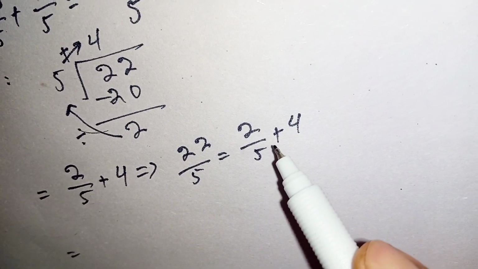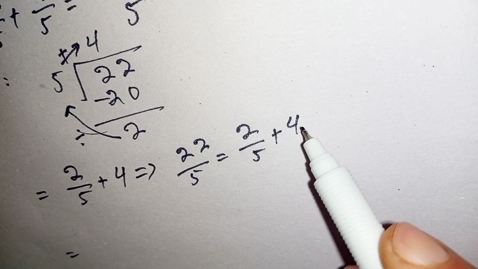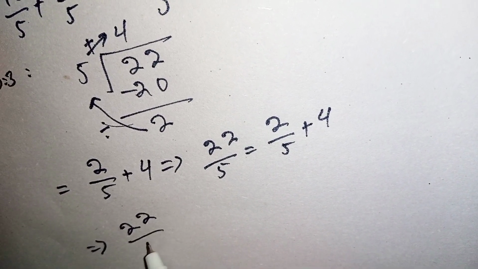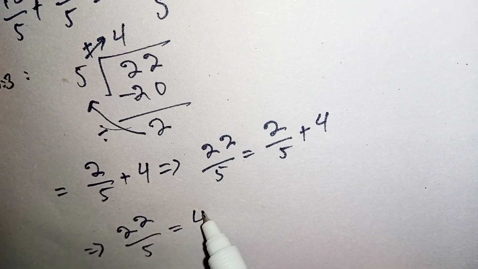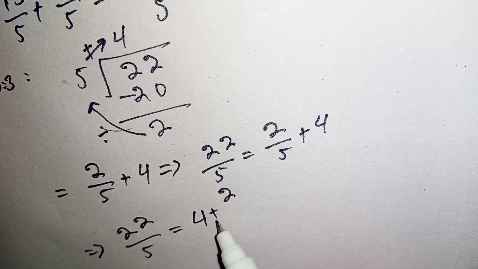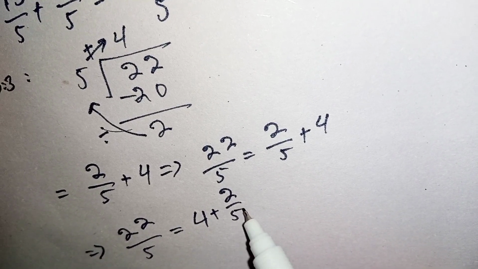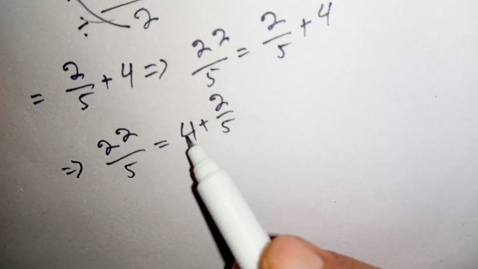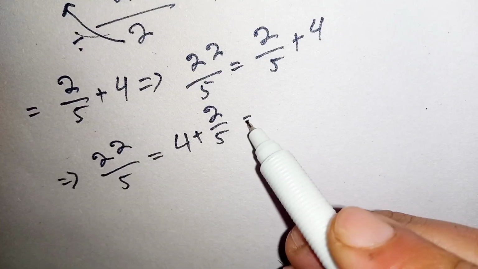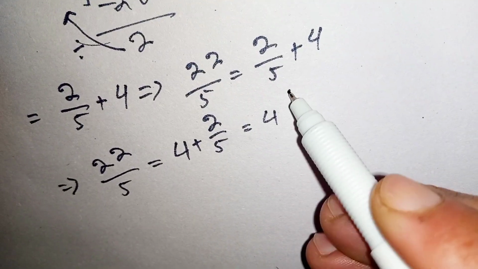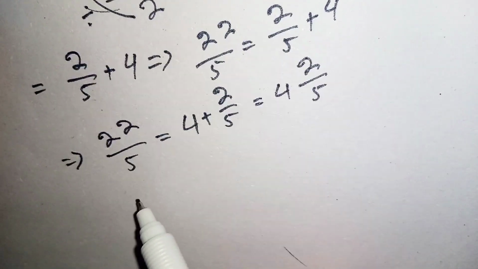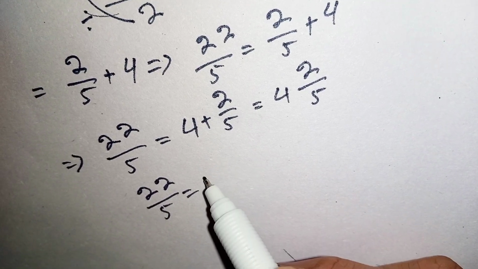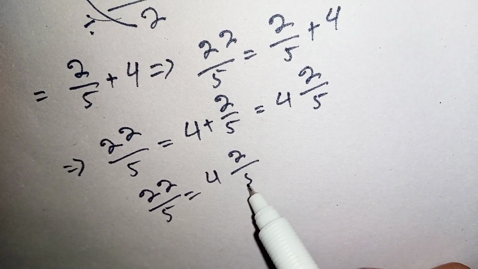But we know that addition is commutative, so we will write 22 over 5 is equal to 4 plus 2 over 5. Now we see that 4 plus 2 over 5 is equal to 4 and 2 over 5. So 22 over 5 is equal to 4 and 2 over 5.